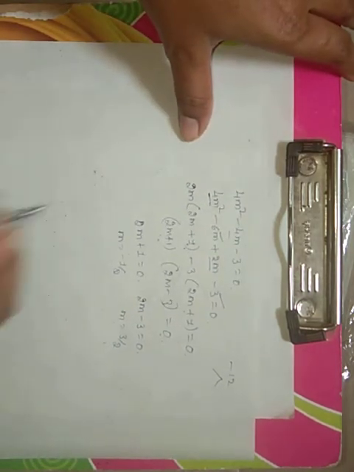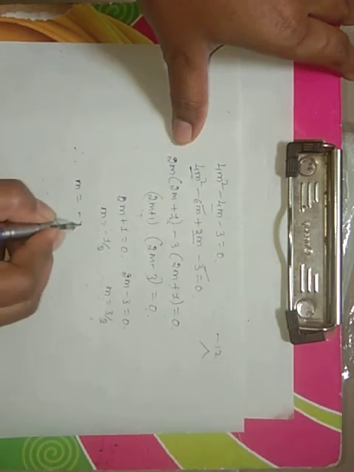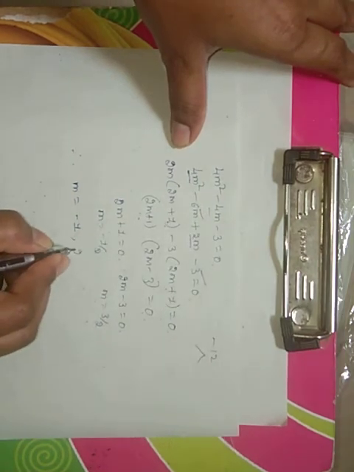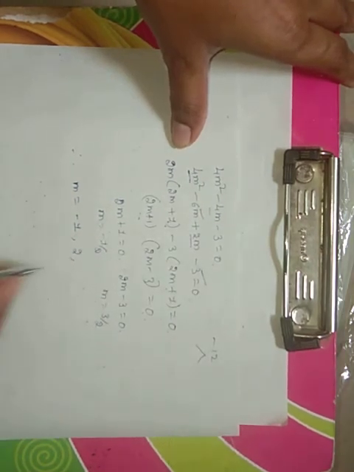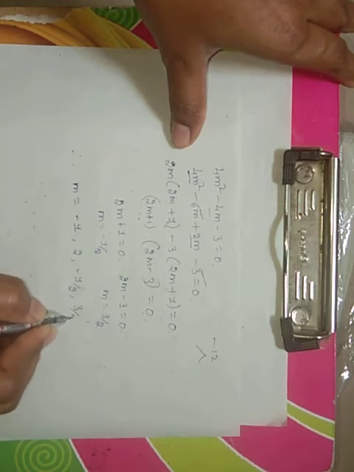So therefore we have totally m: the first inspection gave m = -1, the second inspection value is 2, and the synthetic division values are -1/2 and 3/2. All the values of the roots are distinct, no term is repeated.